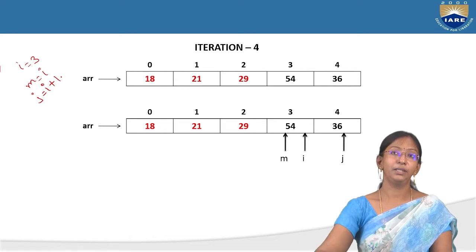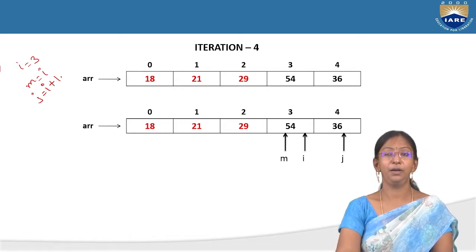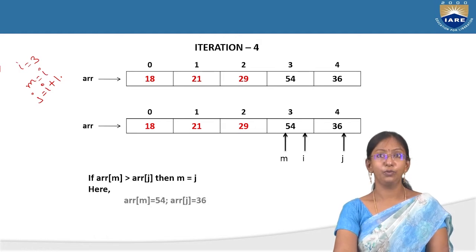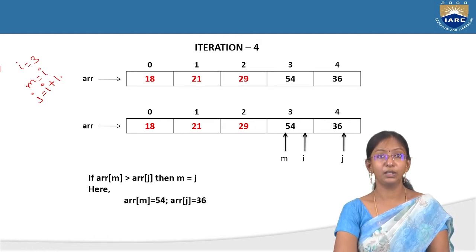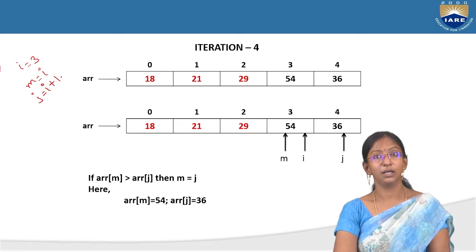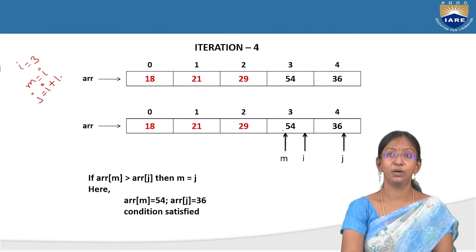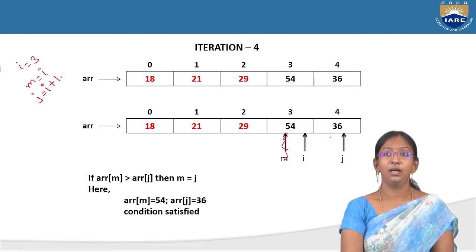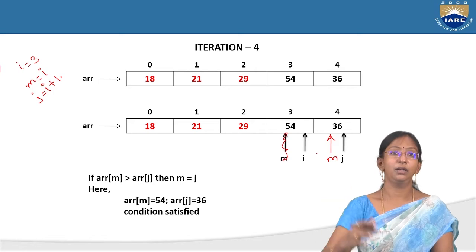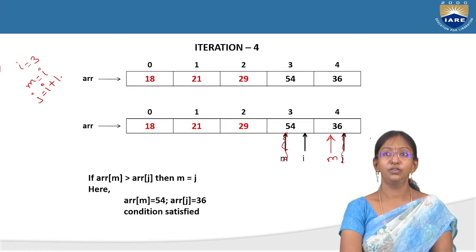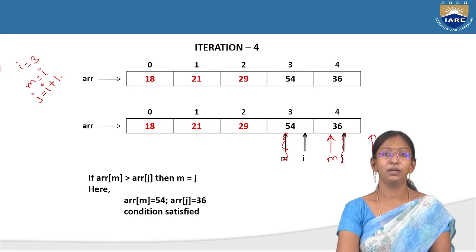Let's compare between the elements pointed by M and J. M is pointing to 54 and J to 36. Is 54 greater than 36? Yes, the condition is satisfied. If the condition is satisfied, what am I supposed to do? M will be pointing to the index value which J is pointing to, and J will be incremented.